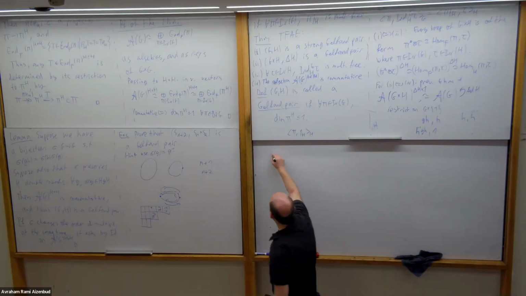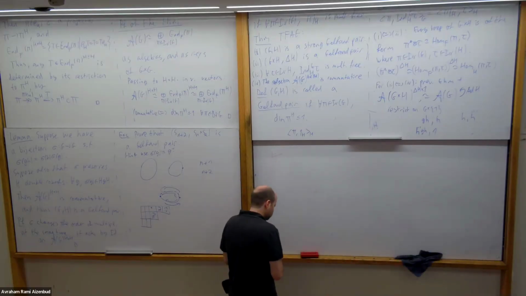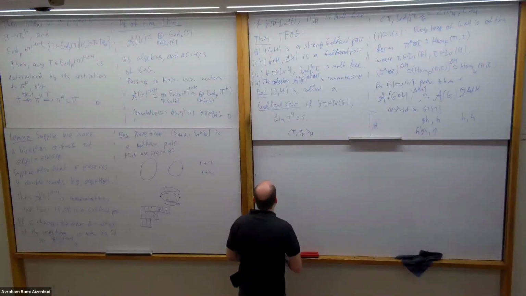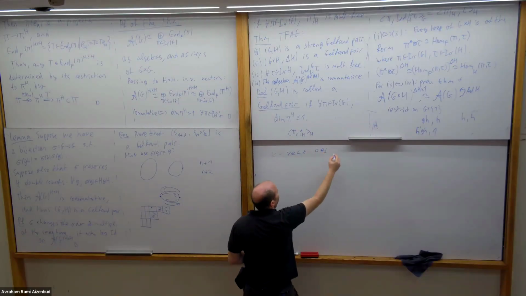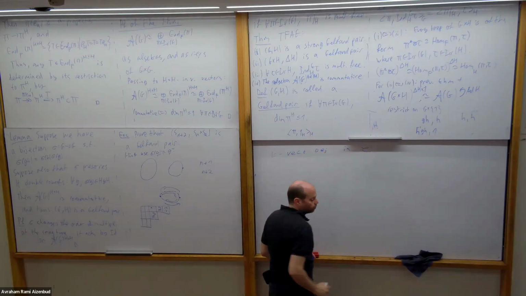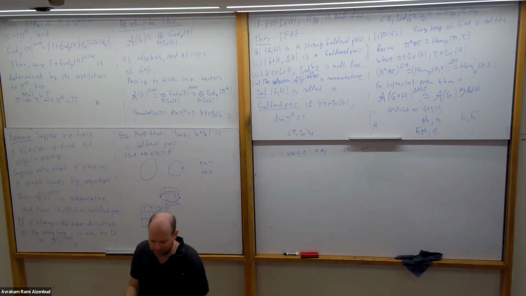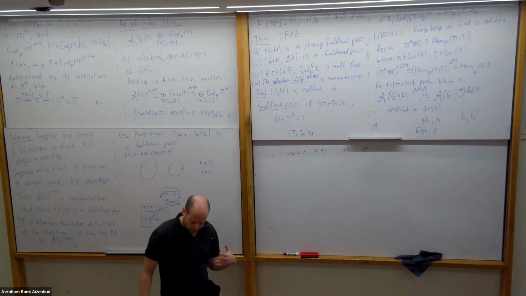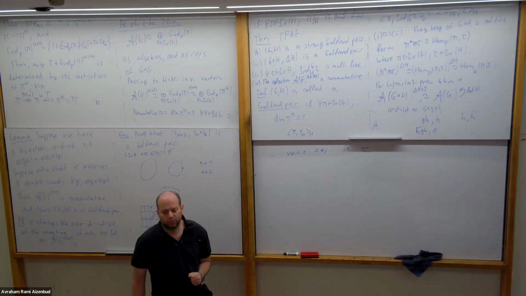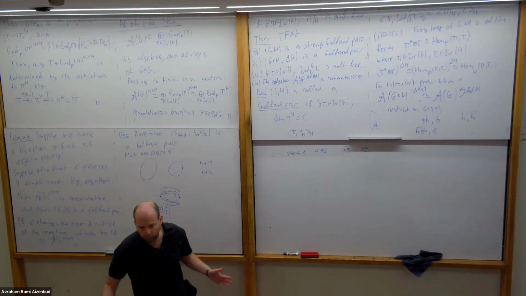What is a K vector space object in the category C? Let's say that C has finite product. So what is an abelian group object in a category C?